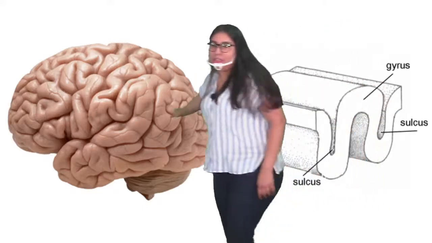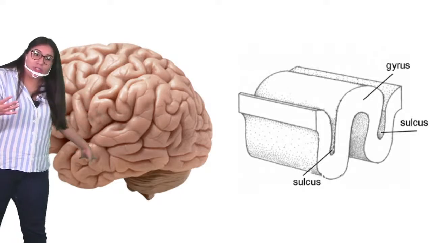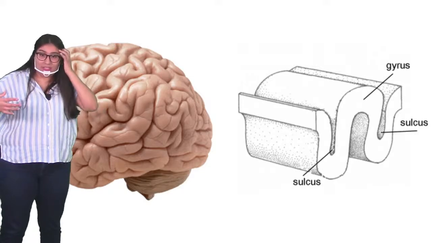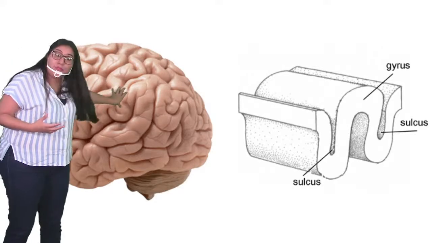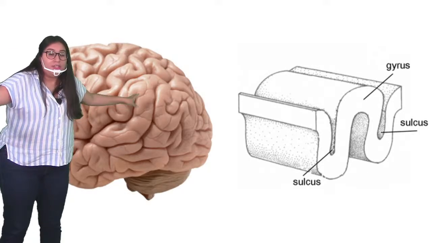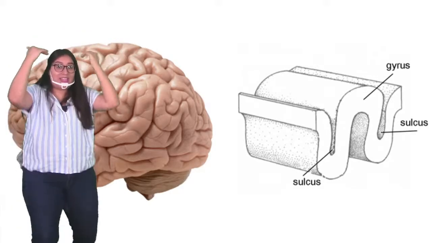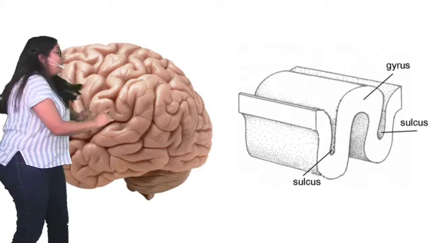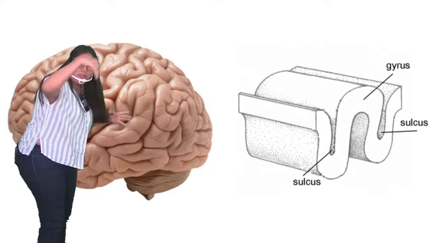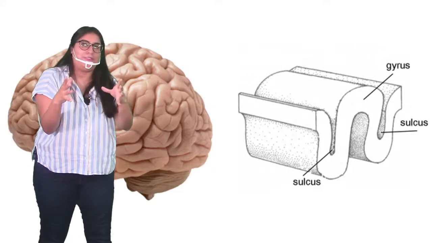The folding of the brain is the result of the gyri and the sulci. This increases its surface, and this structure helps you fit more cerebral cortex matter inside the skull. So we have the skull, and inside of it our brain, and because it's folded, we can get our brain in there.